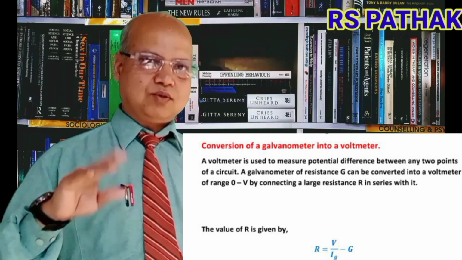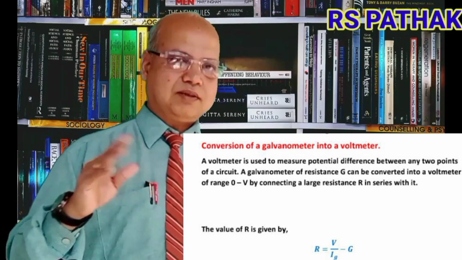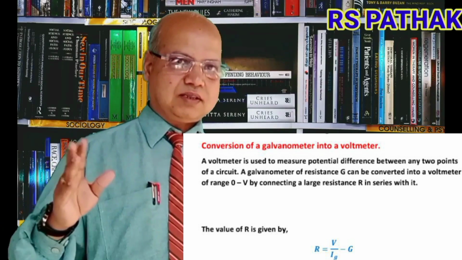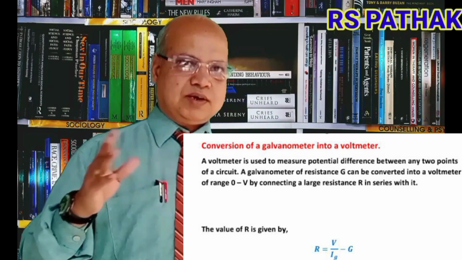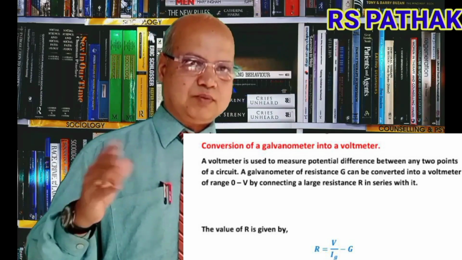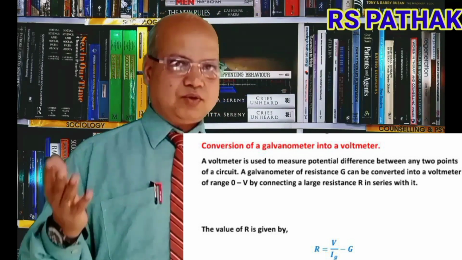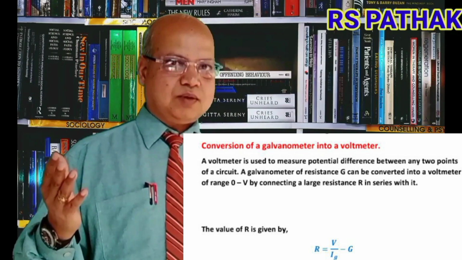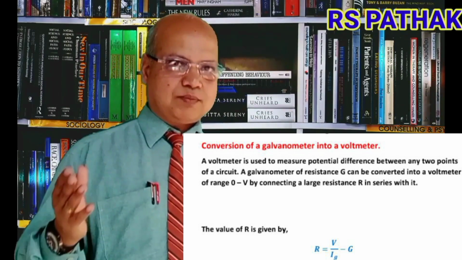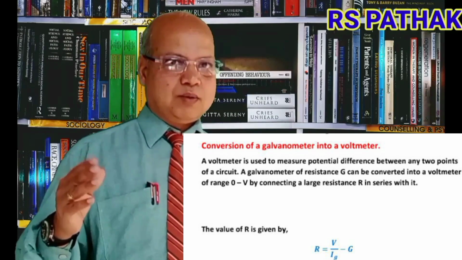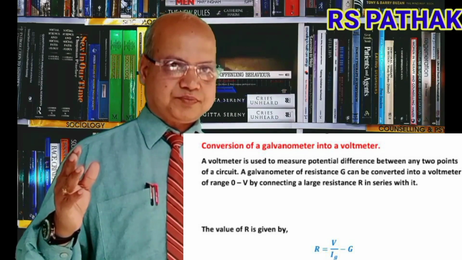A galvanometer of resistance G can be converted into a voltmeter of range 0 to V by connecting a large resistance R in series with it, and it is given by R equals V upon Ig minus G. The total resistance of a voltmeter will be Rg equals G plus R. A voltmeter is a high resistance device and is always connected in parallel to the conductor across which potential difference is to be measured.